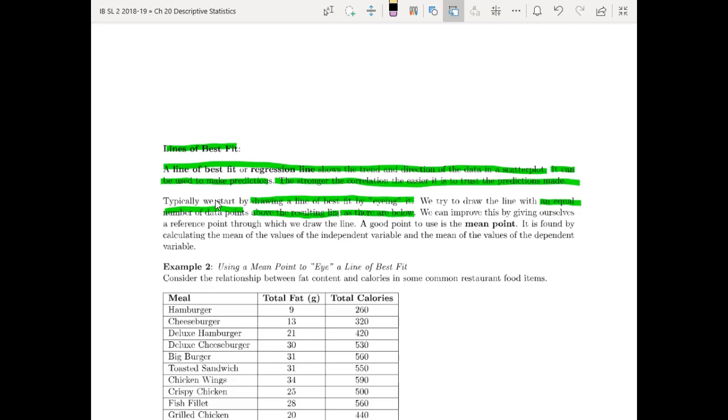Now, we can improve this line by giving ourselves a reference point through which to draw the line. So a good reference point is the mean. The mean point is going to be the mean of the independent variable and the mean of the dependent variable.